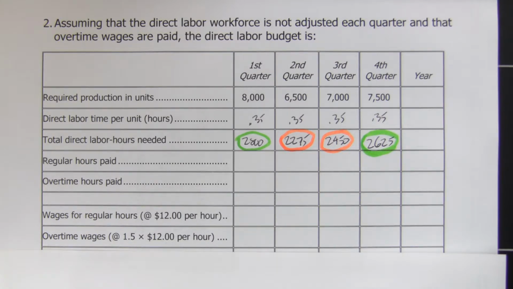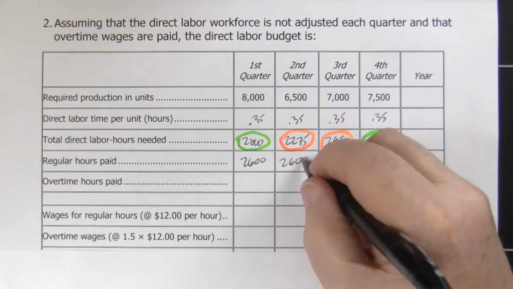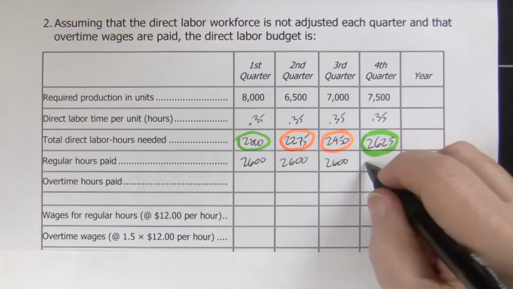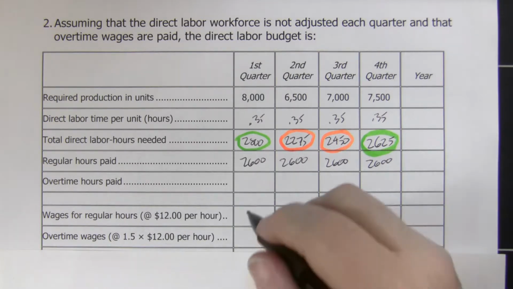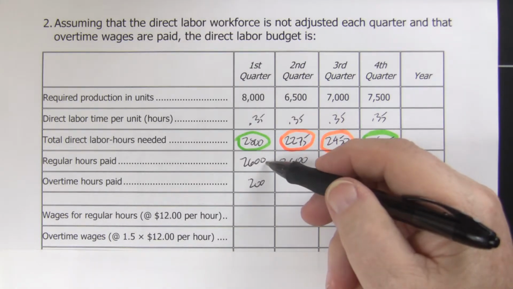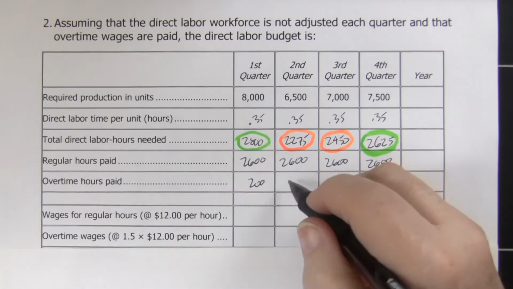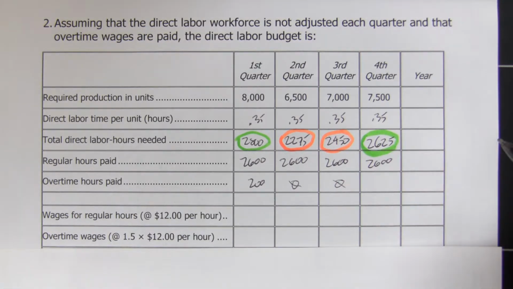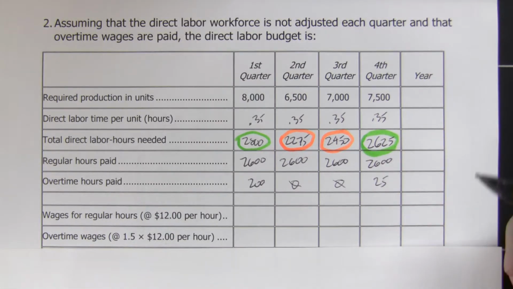So the regular hours paid because of the contract, and this is not all that uncommon, is 2,600 hours, because that's what our contract says we're going to pay. The overtime hours for this one is 200. We use 2,800: 2,600 are regular, 200 are overtime. These two, there's no overtime. There's undertime, but you don't deduct for that. And this one, they have 25 hours of overtime.